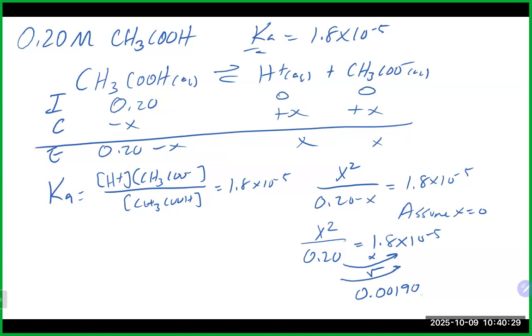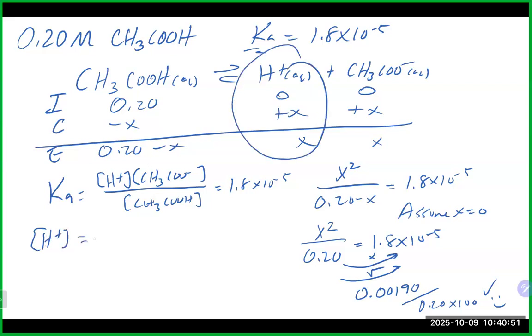In this case, we do want to check it. So we're going to divide it by 0.2 and multiply by 100, and we're at 0.9%. So the check is good. That means my H plus concentration is equal to 0.0019 molar.